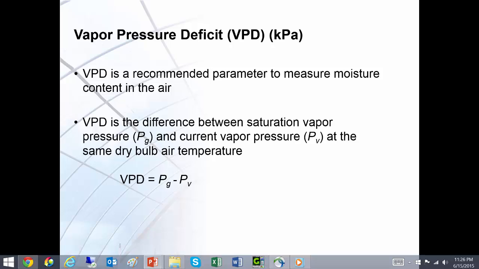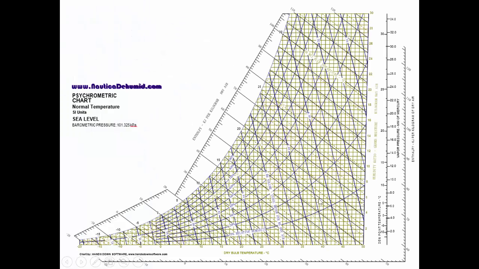So the vapor pressure deficit is the difference between saturation vapor pressure and the current vapor pressure at the same dry bulb air temperature. If we look at the psychrometric chart here to find the vapor pressure deficit at a given temperature, let's assume that our thermodynamic state is fixed at this point, so we can locate the current vapor pressure of the air at that thermodynamic state by moving horizontally to the vapor pressure scale here, as you can see.